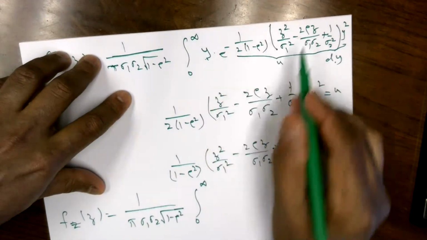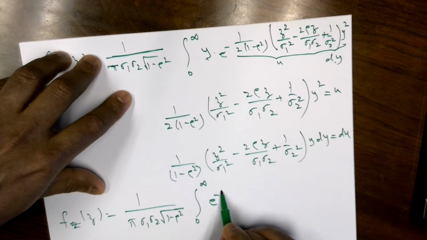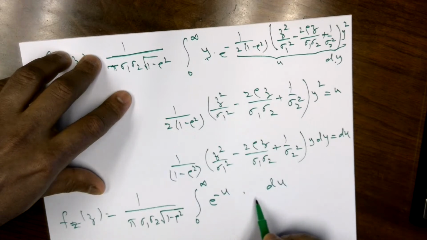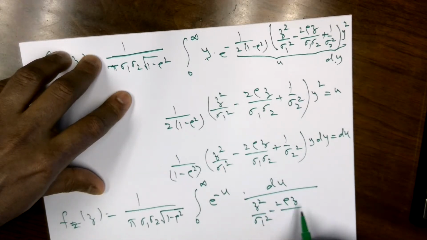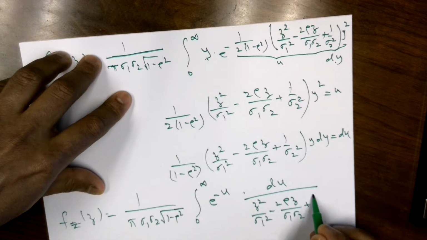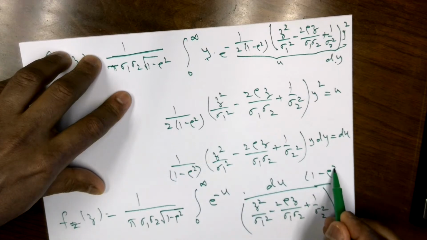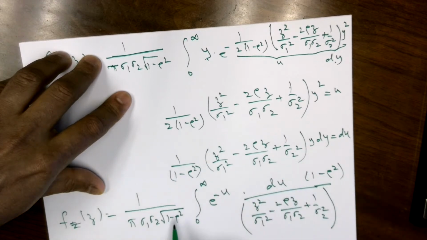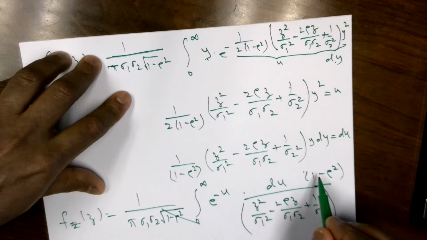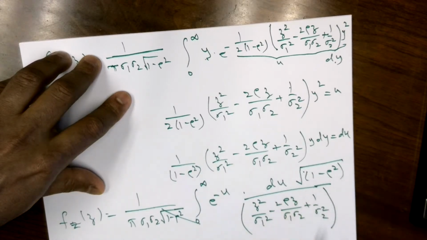And this becomes simply e raised to minus u du divided by a constant, that is z squared over sigma 1 squared minus 2 rho z over sigma 1 sigma 2 plus 1 over sigma 2 squared. So this is in the denominator. This is a constant because integration is with respect to u, and then you have 1 minus rho squared here. So notice that half of this cancels off, giving us this. And I'm going to pull out all these things outside.